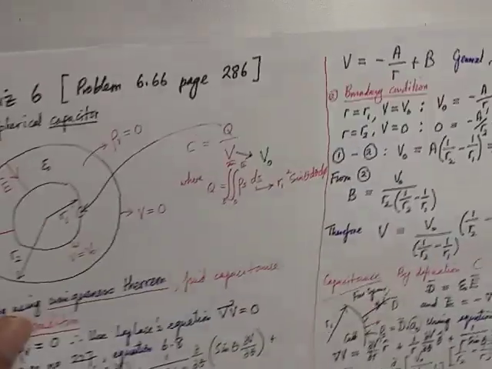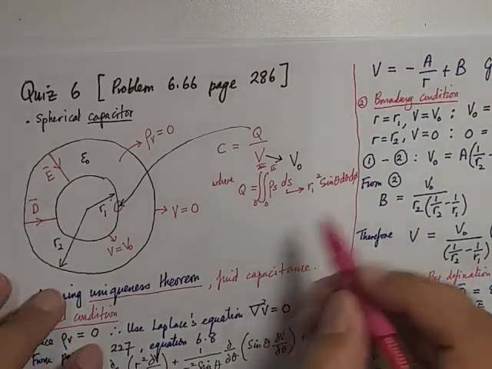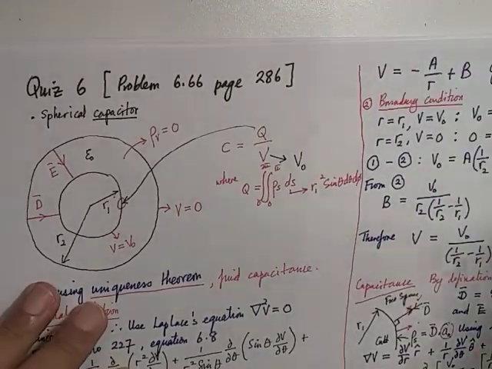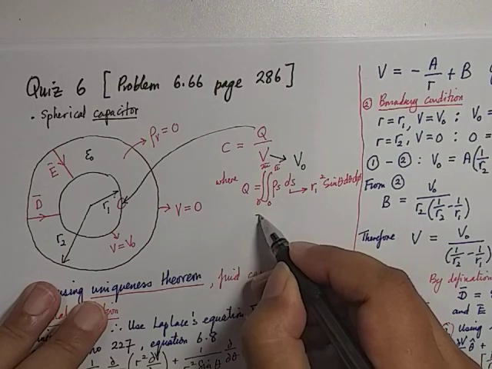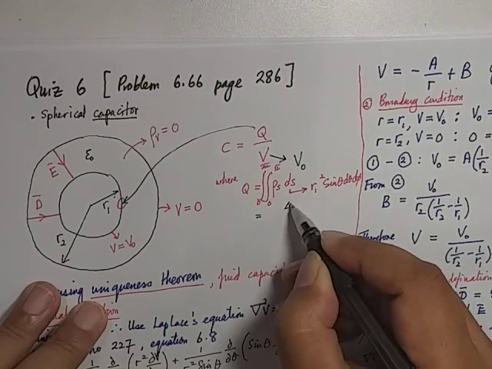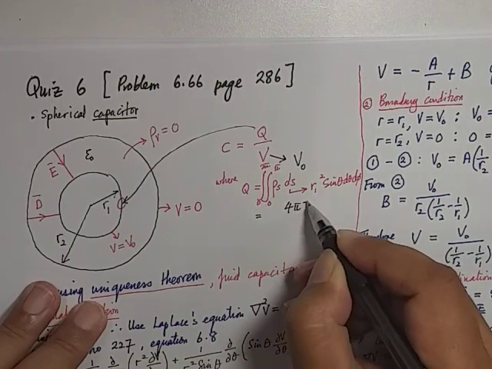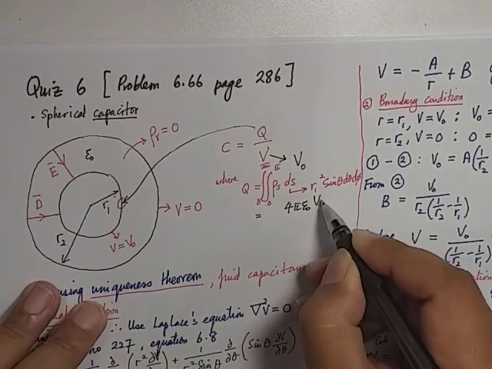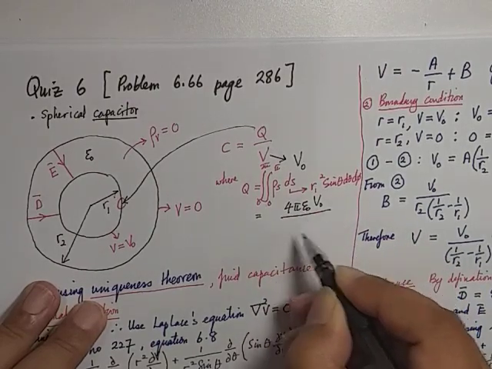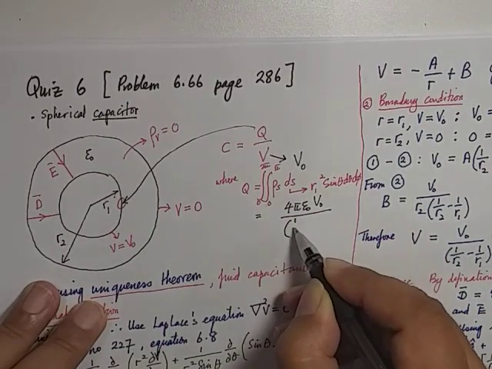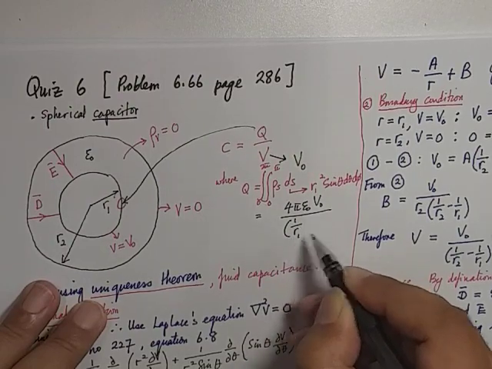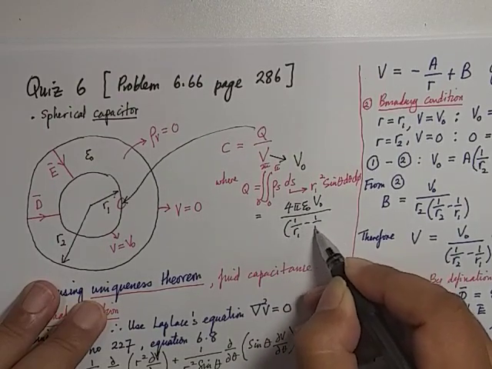So what we're going to end up with is that our Q should be 4 pi epsilon naught V naught over 1 over R1 minus 1 over R2.